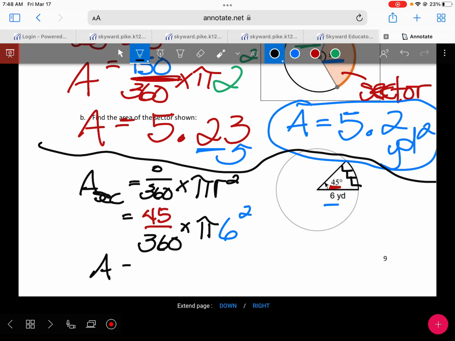All right, so you need to put all of that in the calculator very carefully. So 45 divided by 360 times your pi button times 6, then hit the x squared button, which is just to the left of the 7 button. Hit enter, and if it gives it to you in pi, hit the 2 little arrows above to take it to the decimal.